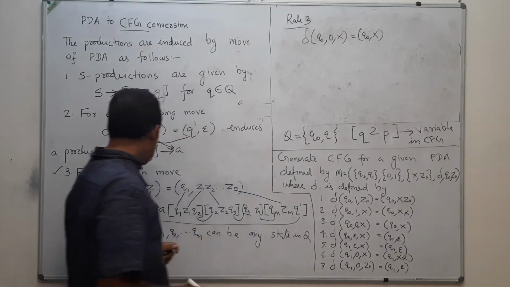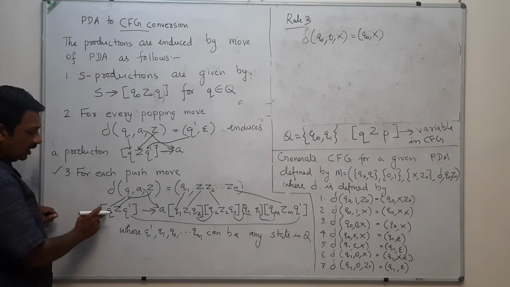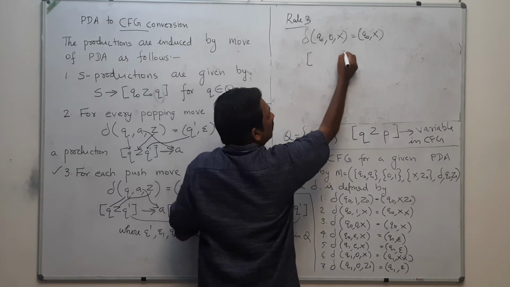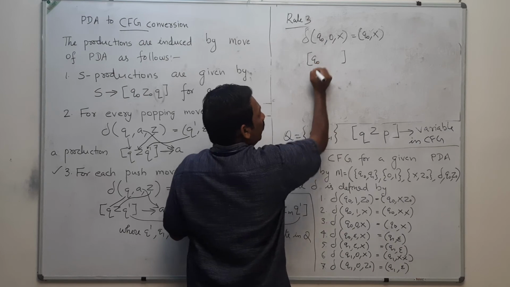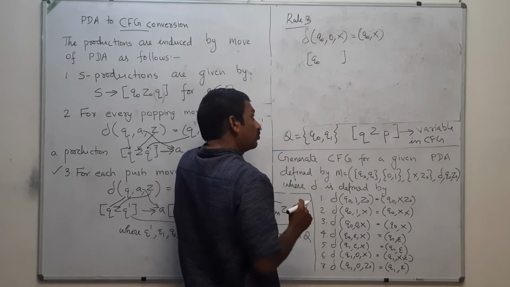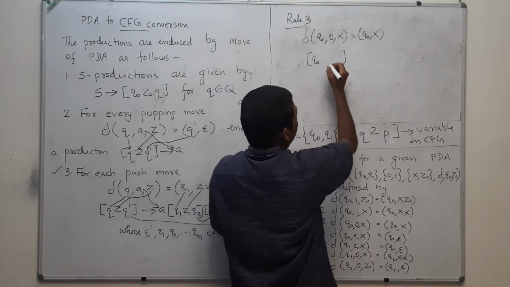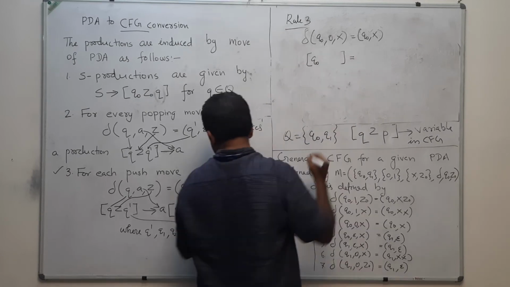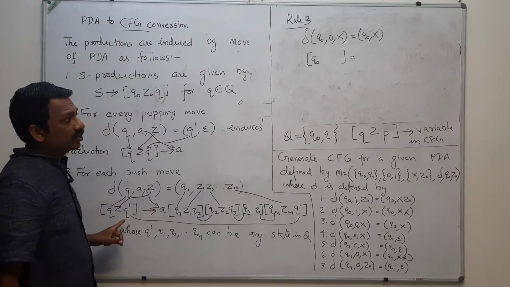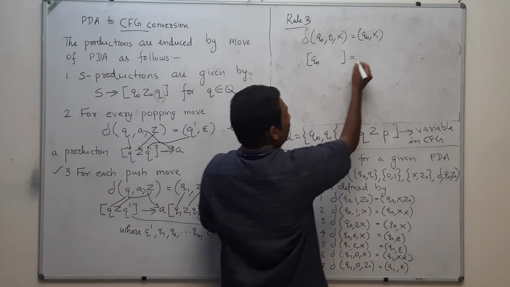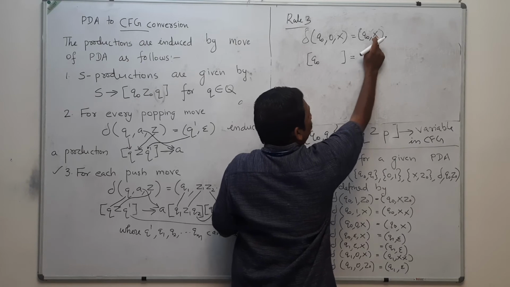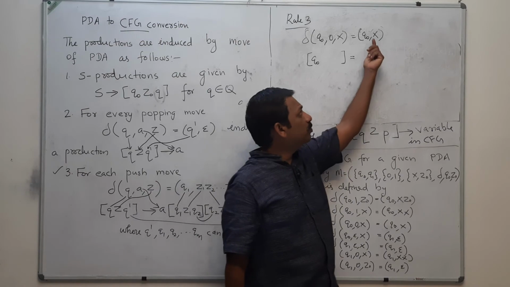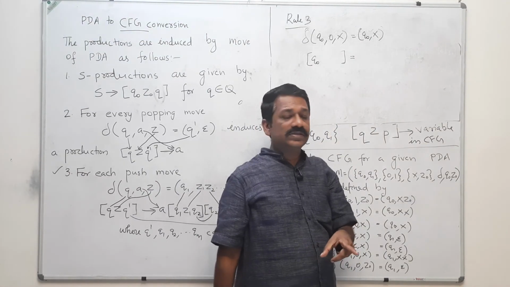That means here, as it is a pushing move, again this Q0 you have to copy here, and Q0 equal to, and the final destination is either Q0 or Q1. As it is having only a single element push, you are going to push only one element to the stack.